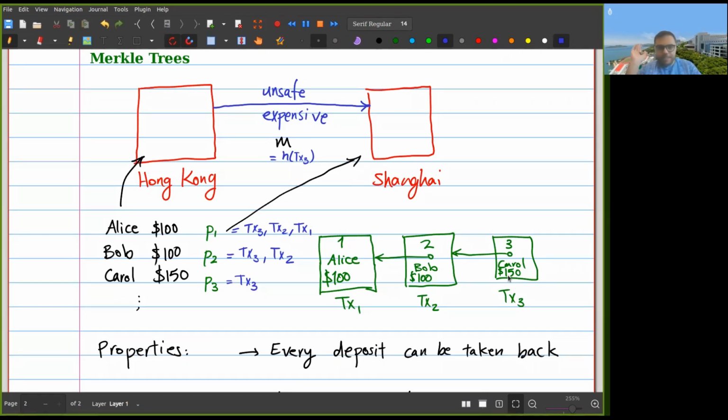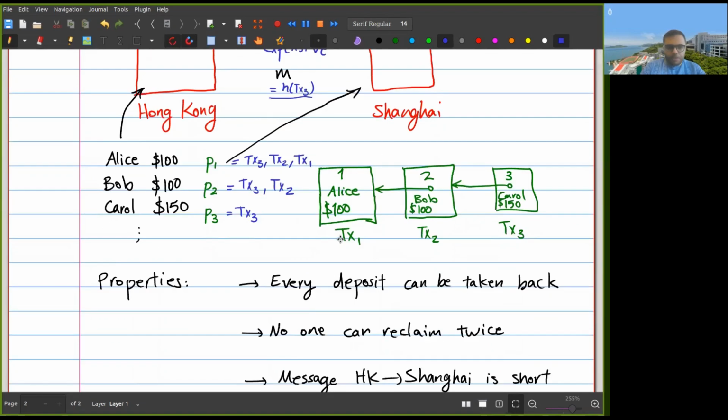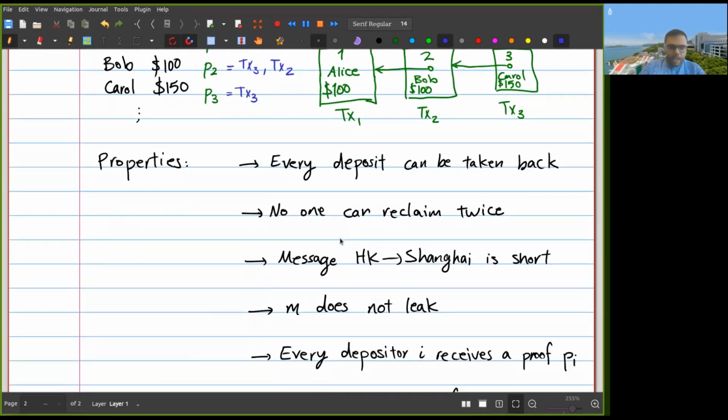Now, this is, of course, not very ideal. Why is it not ideal? Well, I'm pretty happy with this part where I'm sending just a single hash, because a hash is a very short message. So I have this property. I'm happy with this one.